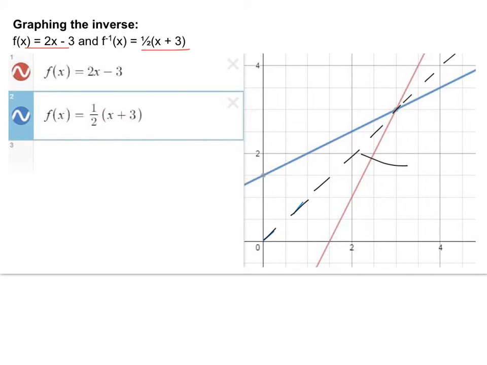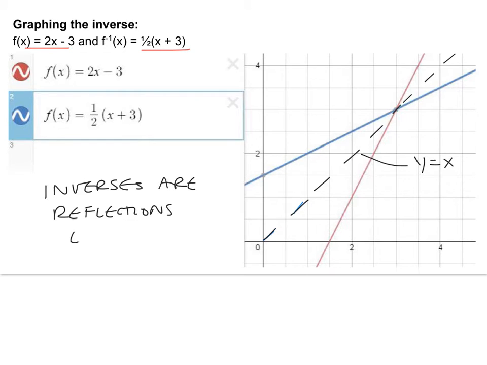And this is y equals x. So inverses are reflections over y equals x. Okay? And so these 2 lines are inverses because they are reflections over y equals x.